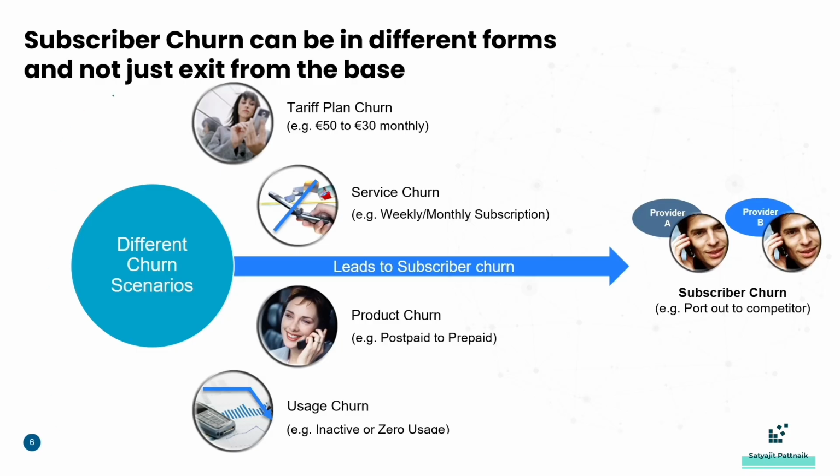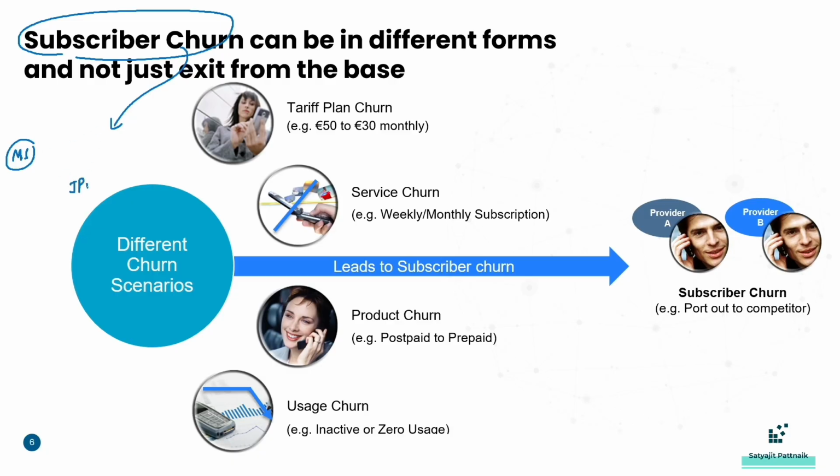In this particular case, I have taken an example of subscriber churn. Before getting into this, let's try to understand what is churn. Churn simply means leaving something or exiting. Let's say, today you are working at Morgan Stanley as a Python developer. There is a better offer that you are getting right now from the market.